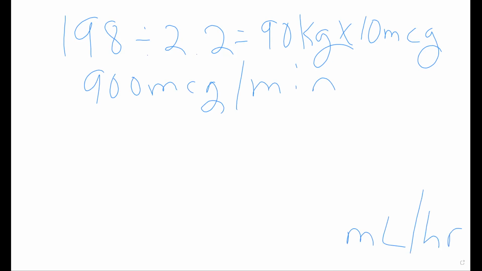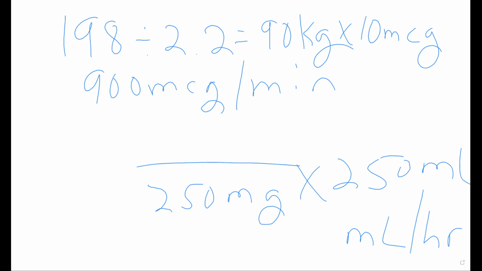And what we have on hand is 250 milligrams per 250 mL. I can divide this by 1,000 and that will put my micrograms into milligrams. 0.9. So now we have 0.9 milligrams per minute.